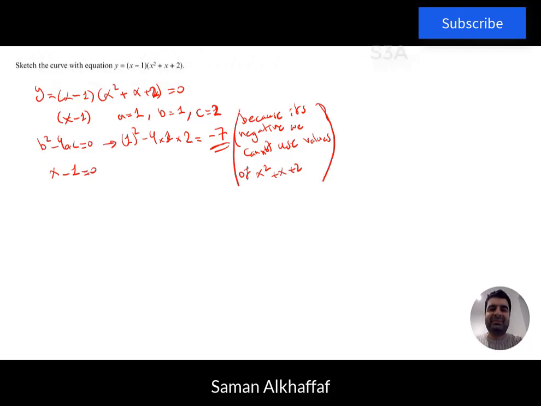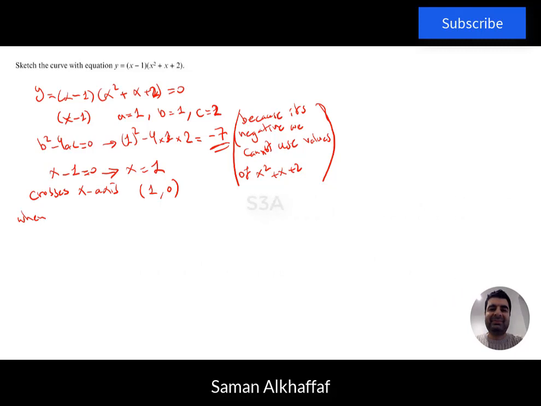In terms of the x values, we'll have only one x value, so that will be x equal 1. So it crosses the x-axis at the point 1 and 0. And now we're trying to find the point where it crosses the y-axis.